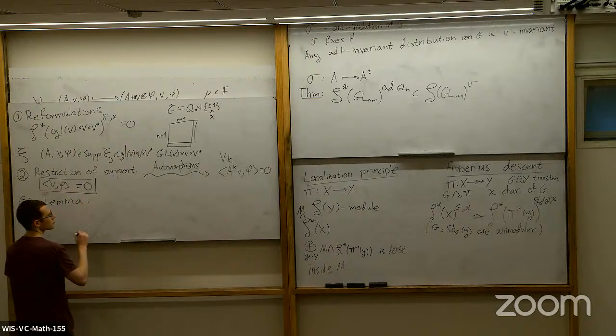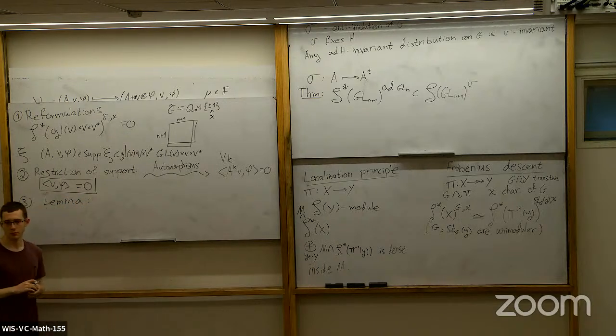So do you actually need all polynomials, or are you just happy with some very small number of polynomials? So I actually need all polynomials. You need that? Yes. And this is because of the following lemma.